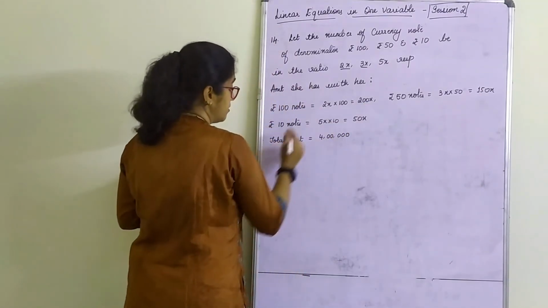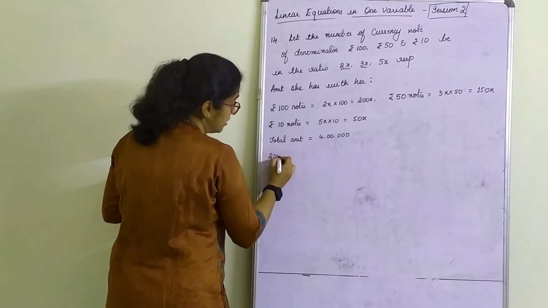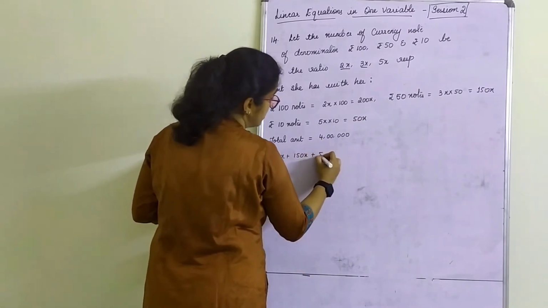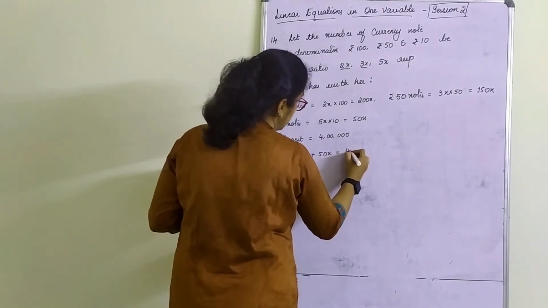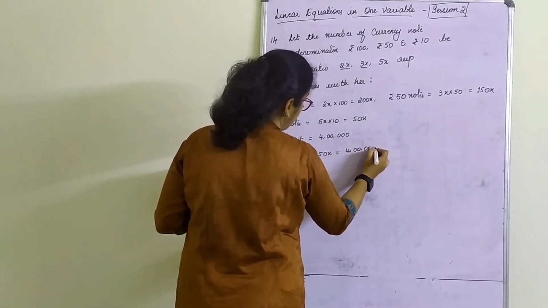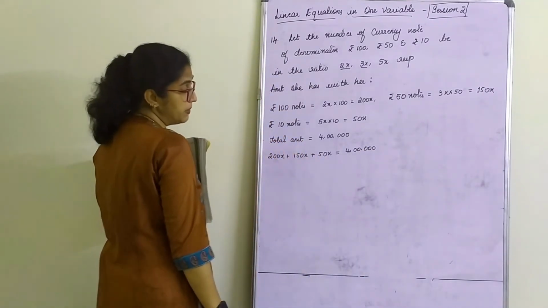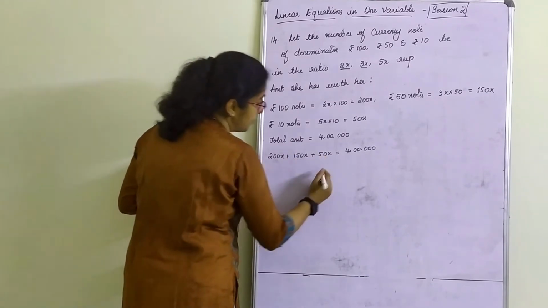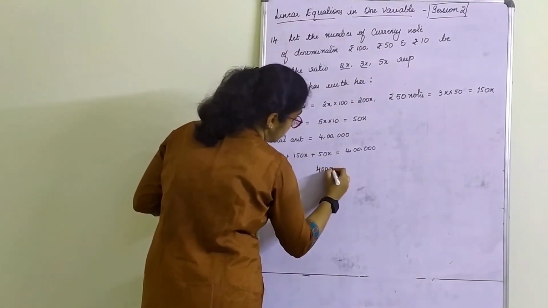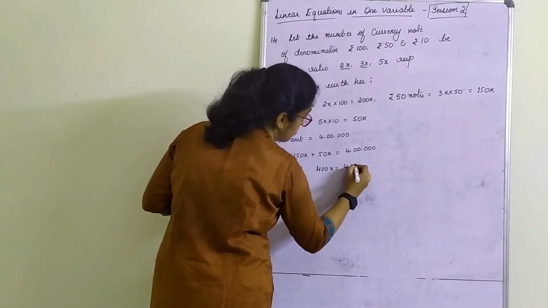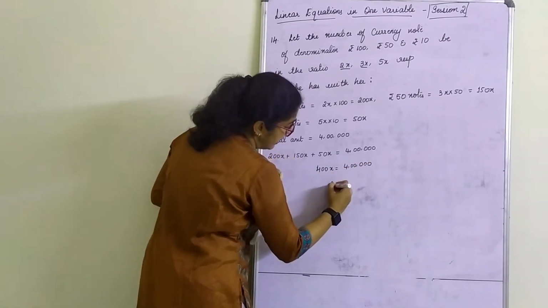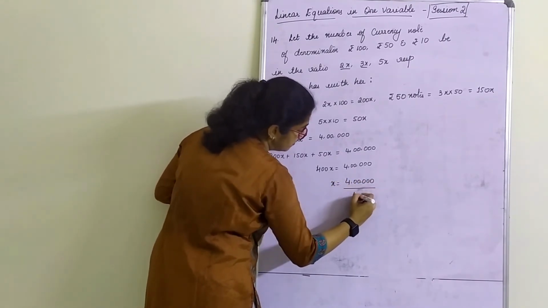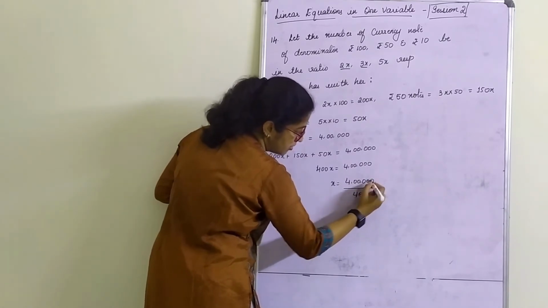That is, with this amount what she has in total: 200x plus 150x plus 50x is equal to 4 lakh. 200 plus 150 plus 50, 200 plus 100, 300, 350 plus 50, 400x is equal to 4 lakh. x is equal to 4 lakh divided by 400. 2 zeros, 2 zeros.